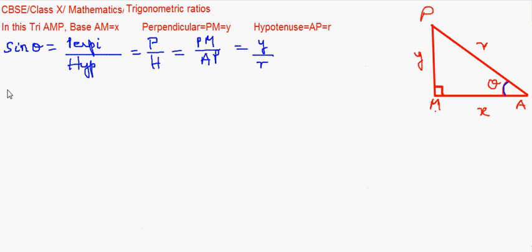Then it is cos theta, cosine, which is given by base by hypotenuse.